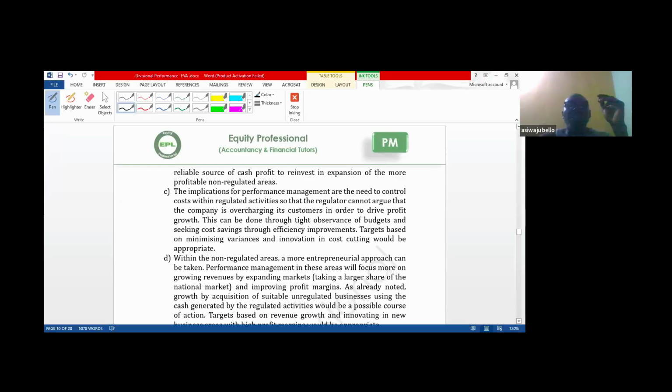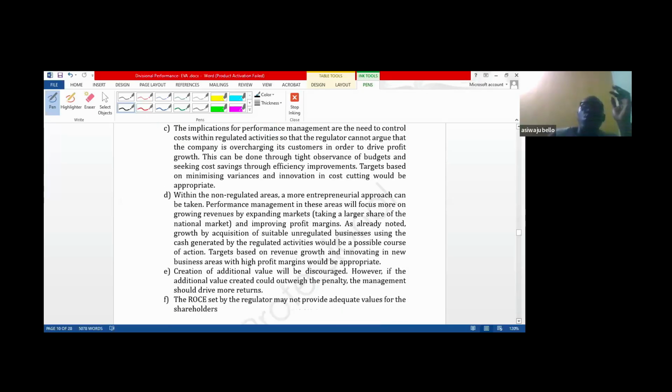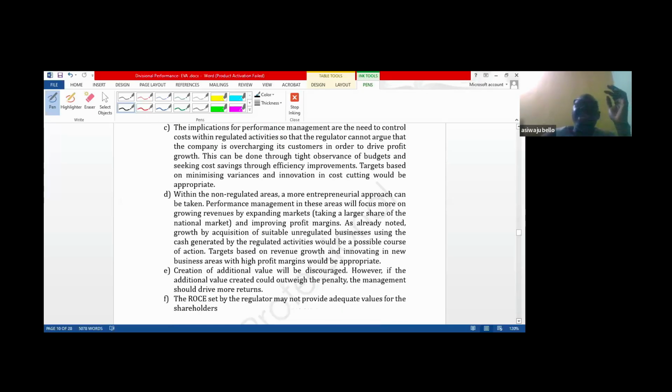So the focus will be on trying to generate more revenue from non-regulated services and trying to reduce your cost of operation on regulated services, so as to be able to boost the profit of the company.